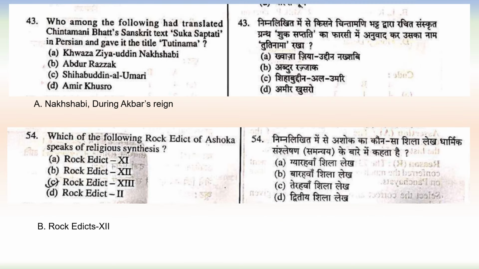Next one, who among the following had translated Chintamani Bhatt's Sanskrit text Shuk Saptati in Persian and gave it the title Tutinama? So it was Khwaja Ziauddin Naqshbandi. Shuk Saptati was translated with the title Tutinama in Persian language.